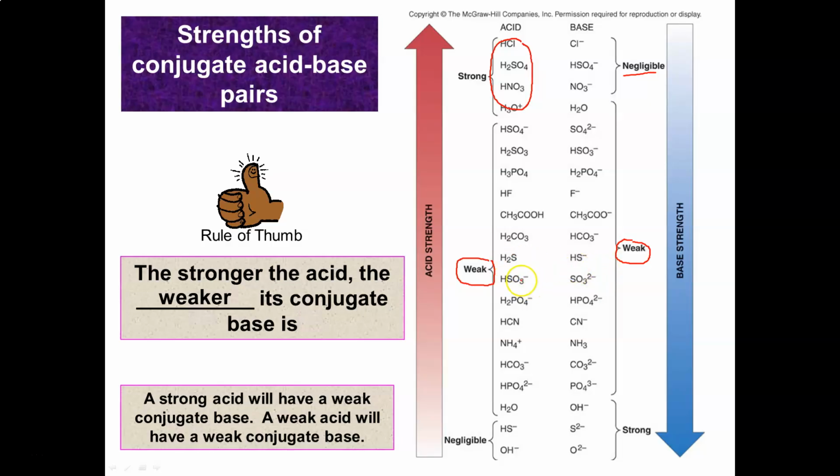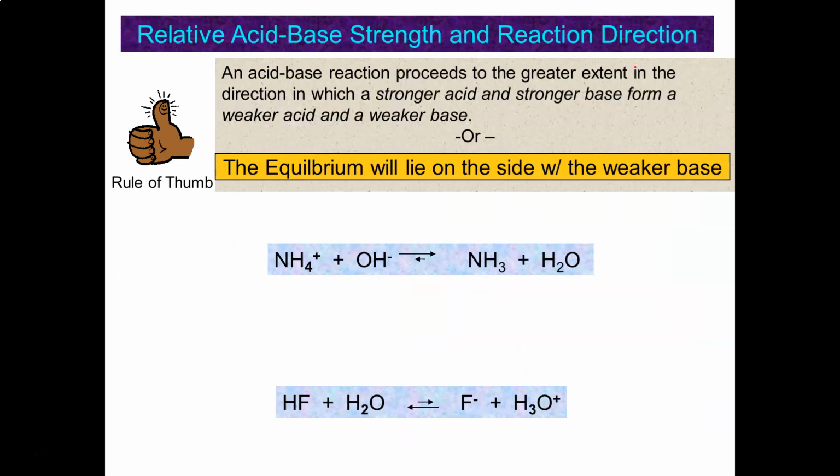H2S, HSO3 minus aren't going to want to dissociate very well at all, making them weak acids. And their conjugate bases, HS minus and SO3 2 minus, are not going to want to act very basic either because they're coming from a weak acid. All right, so weak acids, weak conjugate bases, but strong acid, very, very weak, negligible conjugate base.